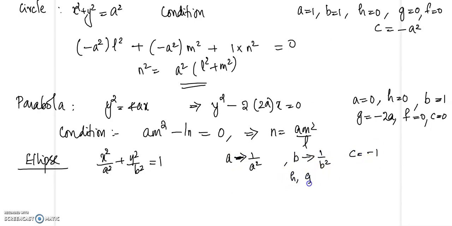So h, g and f, so all will be equal to 0. So in the case of ellipse, the condition will be, so we will get a square l square plus b square m square equal to n square.